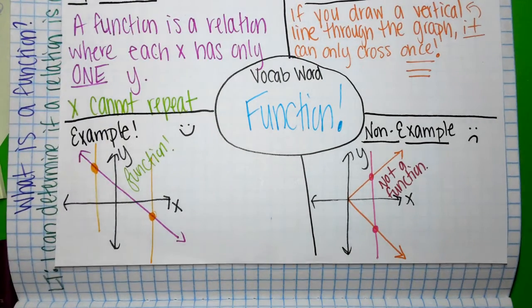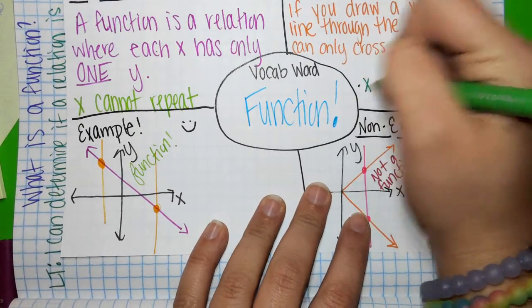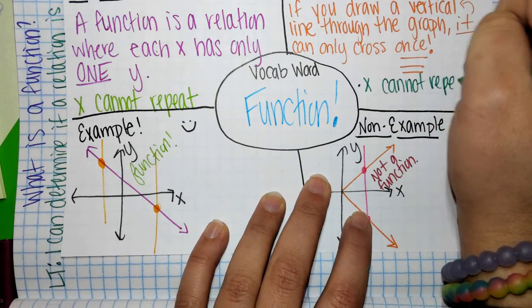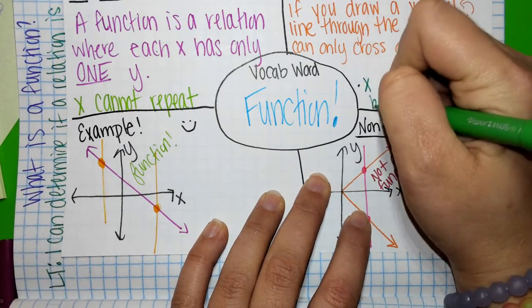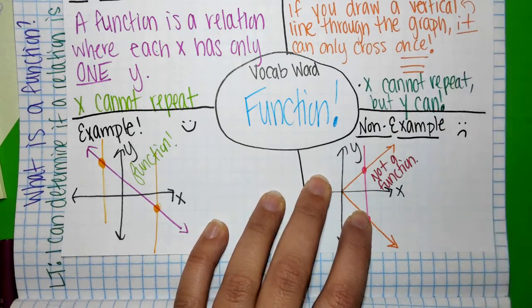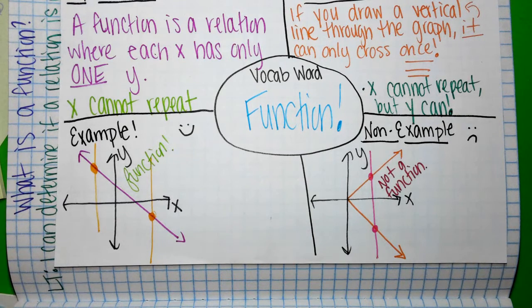Now let's write another characteristic, and it's a small one. X cannot repeat, but Y can.